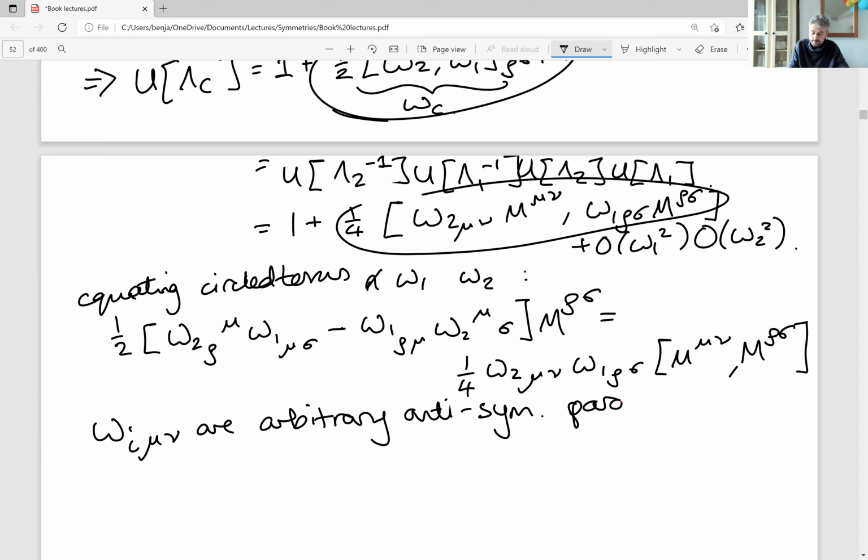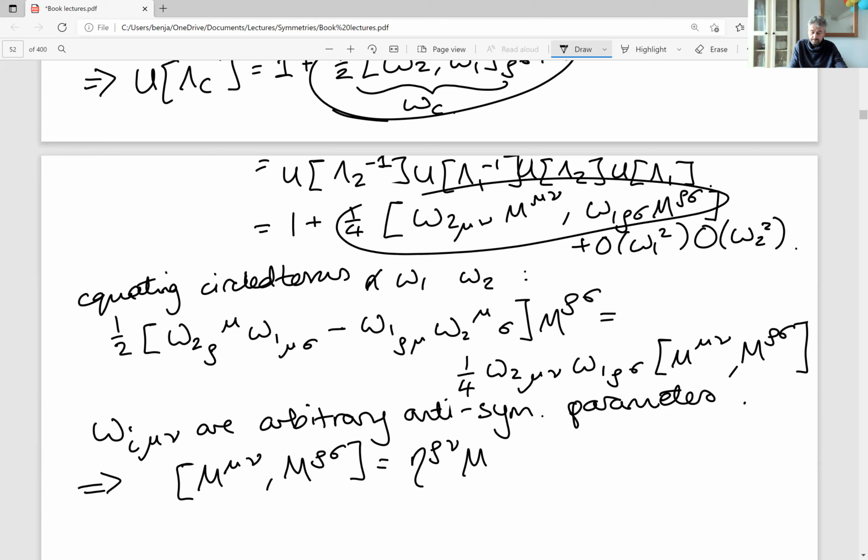When you do that, it's 3 lines just to check. And what you want is to get the same factors of omega 1 and omega 2 on the left and right-hand sides of this equation. And this will imply that M mu nu, M rho sigma is equal to eta rho nu M mu nu minus eta sigma nu M mu rho minus eta mu sigma M rho nu plus eta mu rho M sigma nu.